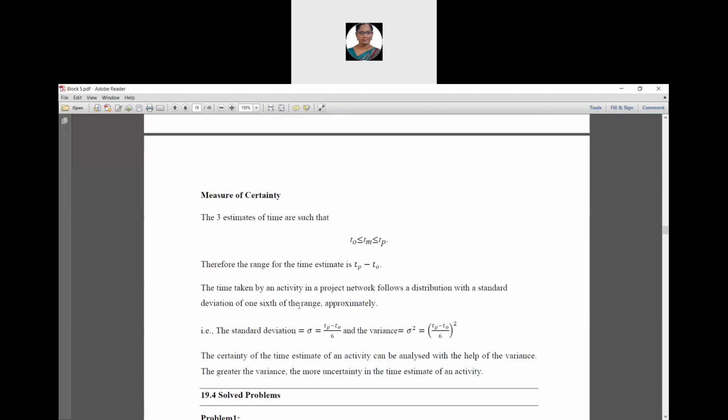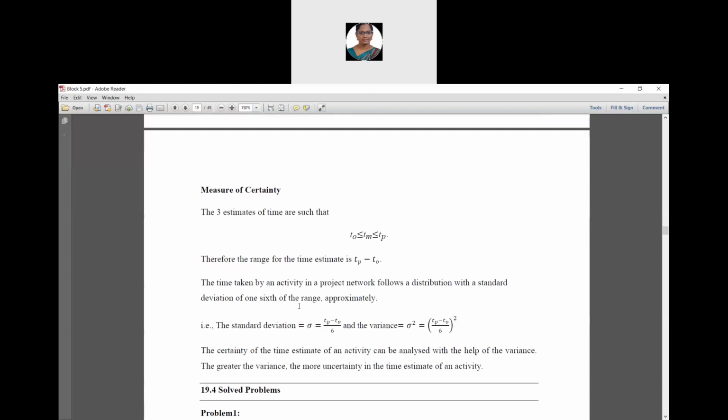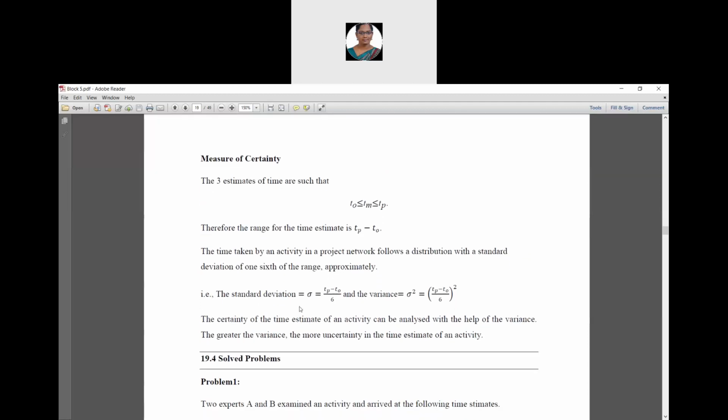Then, measures of certainty. The three estimates of time are such that T naught is less than or equal to Tm, less than or equal to Tp. Therefore, the range for the time estimates is the difference between the pessimistic and optimistic values. The time taken by an activity in a project network follows a distribution with a standard deviation of 1/6 of the range.